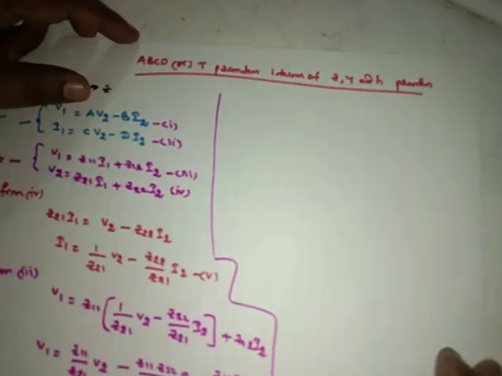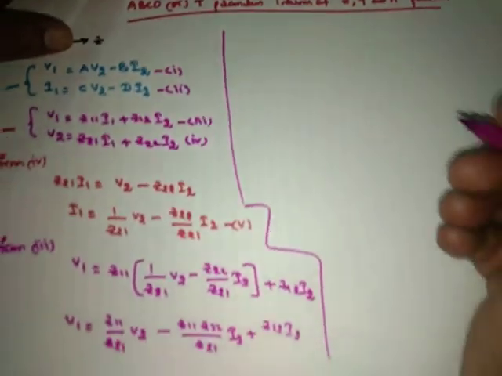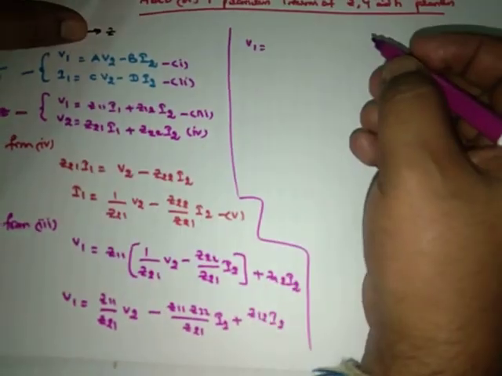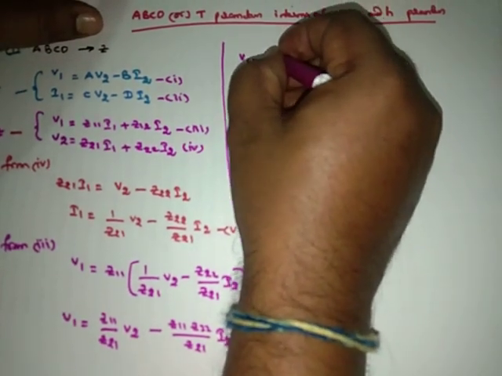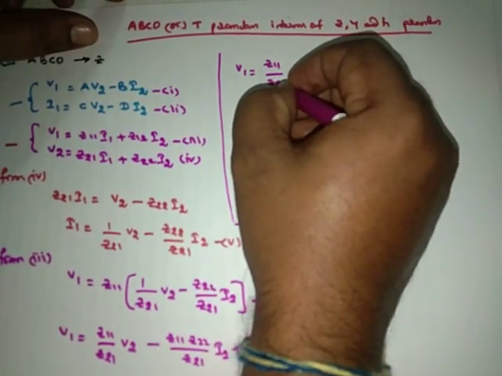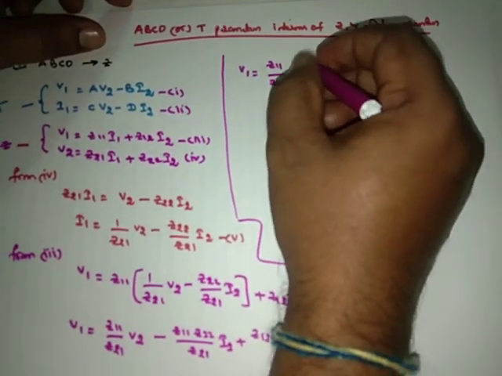Further simplify. V1 is equal to Z11 by Z21 V2.